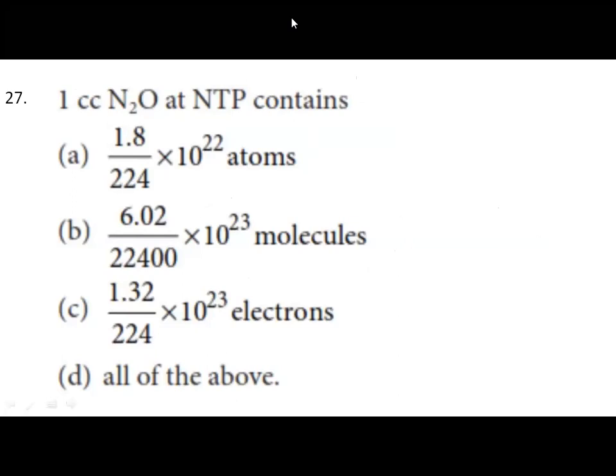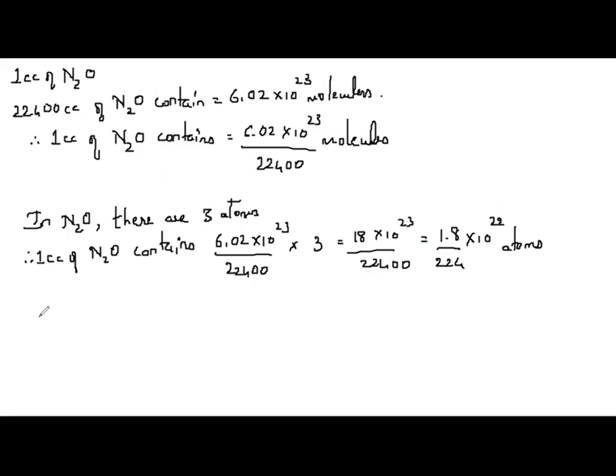Are you all understanding? Another case, number of electrons in the molecule of N2O. Nitrogen has got how many electrons? 7. 2 atoms of nitrogen, 7 plus 7. Oxygen has 8 electrons. 7 plus 7 is 14. 14 plus 8 is 22.